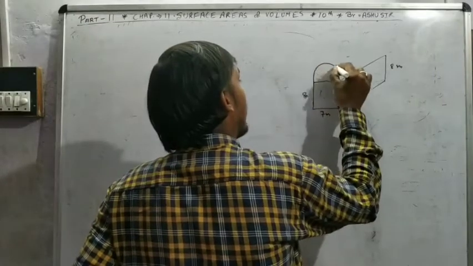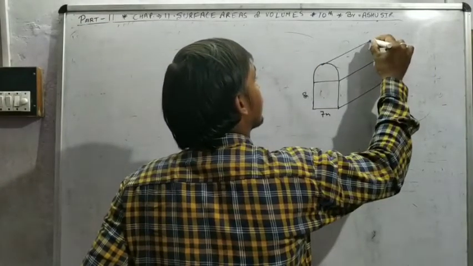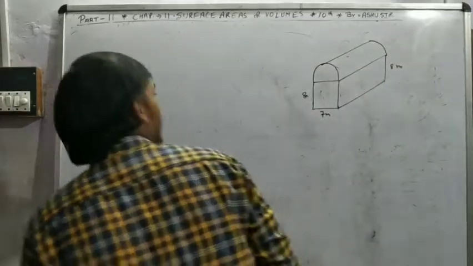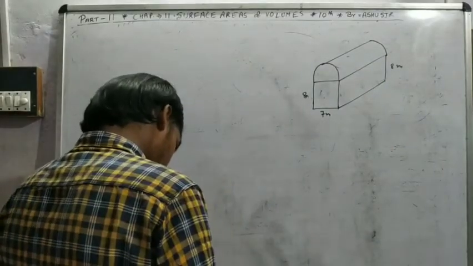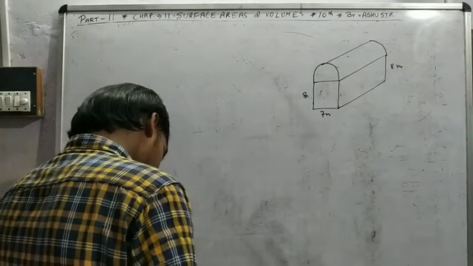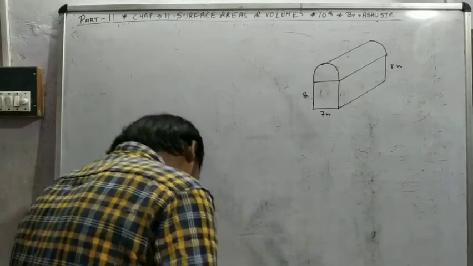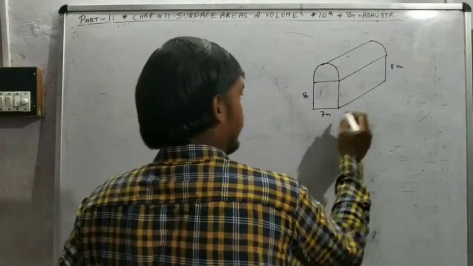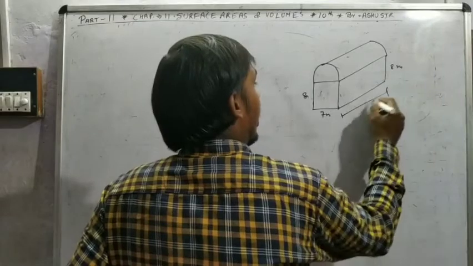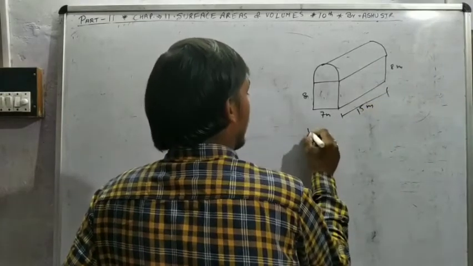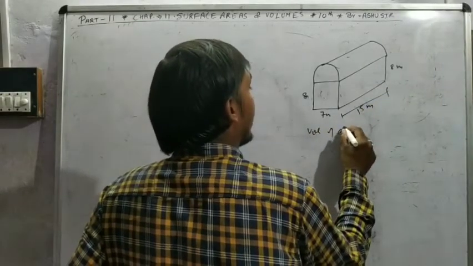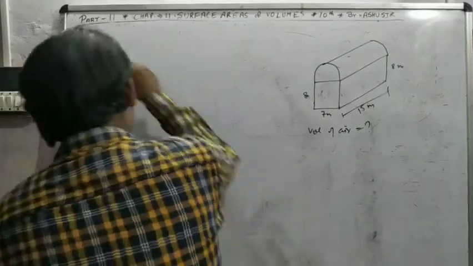It is surmounted by the half cylinder. So find the volume. Height is 15 meter. Find the volume of air inside it.